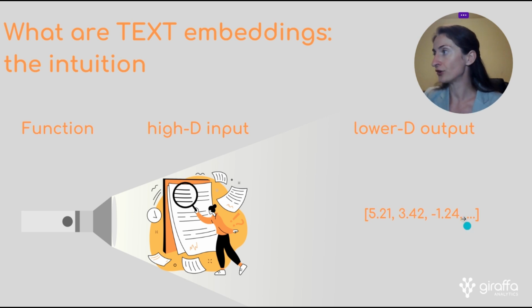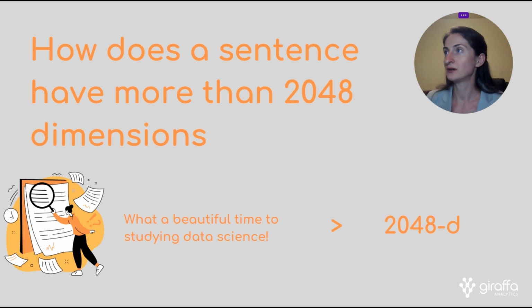The embedding itself is a numerical representation of the text. That is a vector of numbers, like here in the image. And this vector has different lengths according to the embedding model. It can be 512 dimensions or 1024 or even 2048 dimensional. You might ask yourself now, how does a sentence have more than 2048 dimensions?